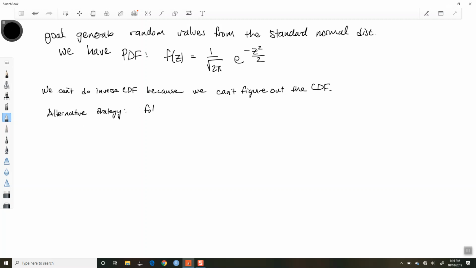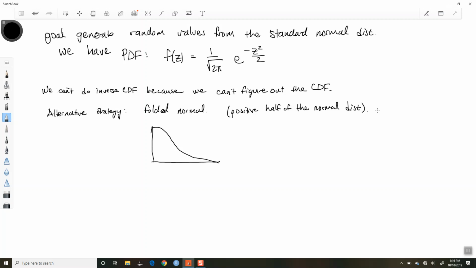We're going to do the folded normal, which is just the positive half of the normal distribution. The idea is I'm going to generate values from the folded normal.